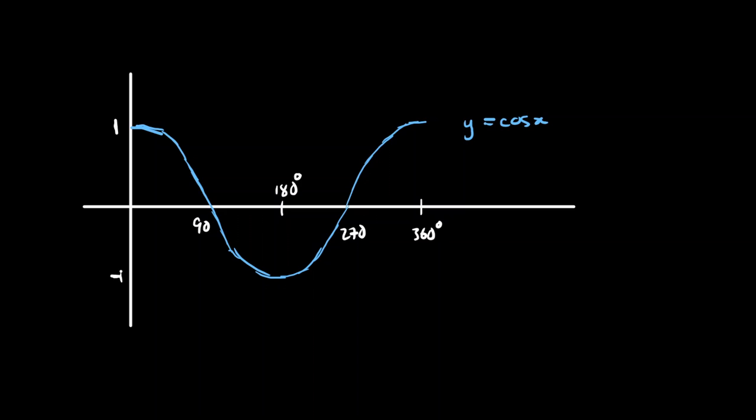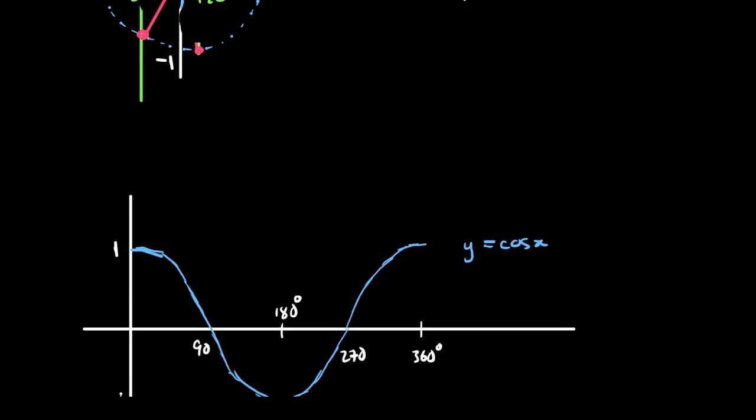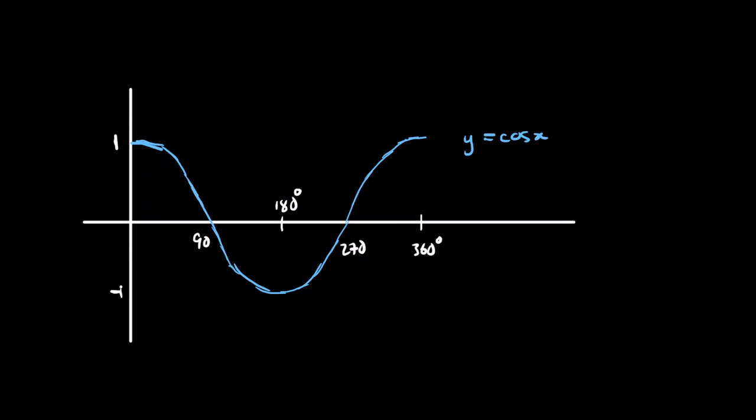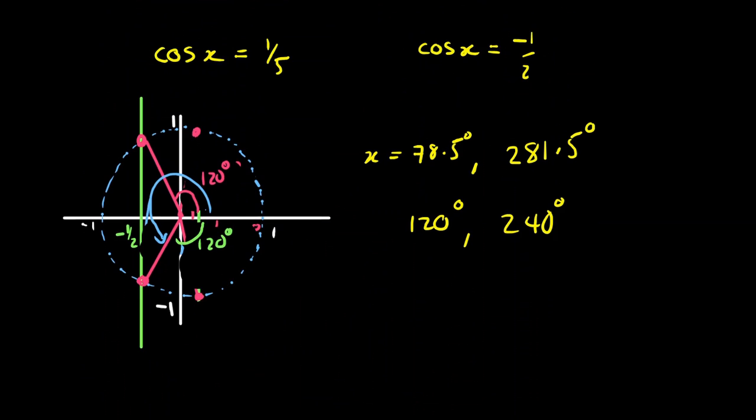And what we're trying to do is find where cos x is equal to a fifth. So that's like drawing a horizontal line here where y is equal to a fifth, and we're trying to find the intersections of that line with the curve. Well, if we use our calculator, we'll get the first value, which was 78.5, right?